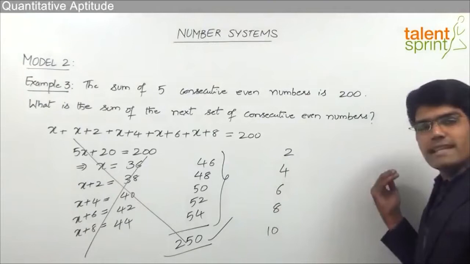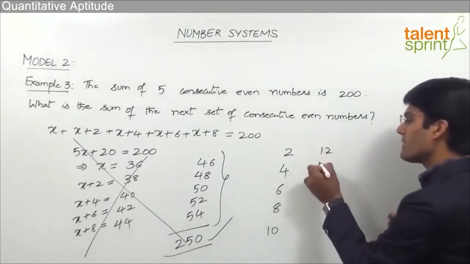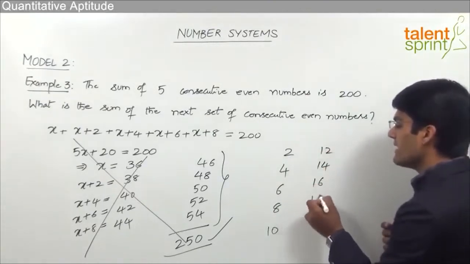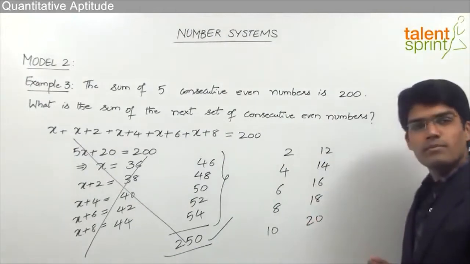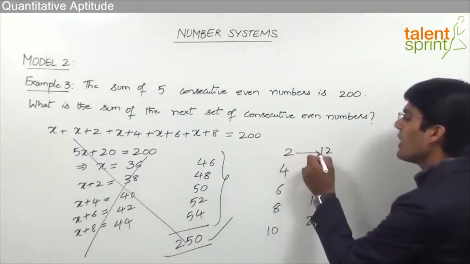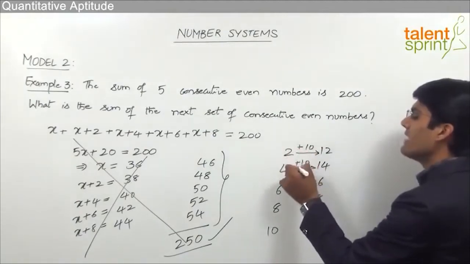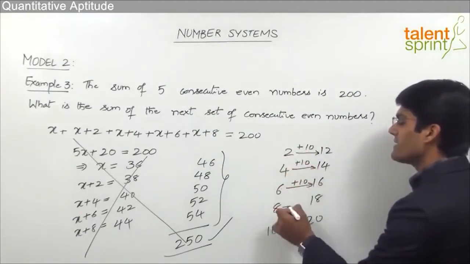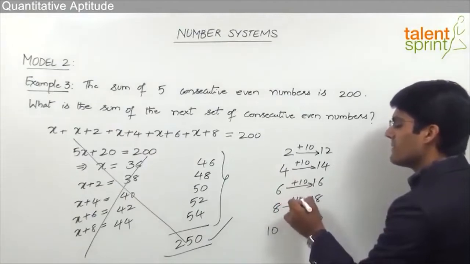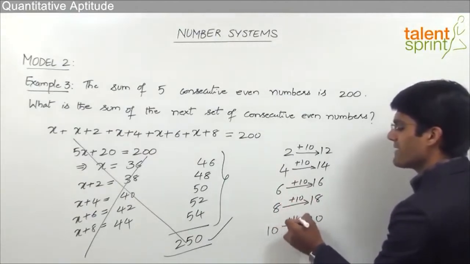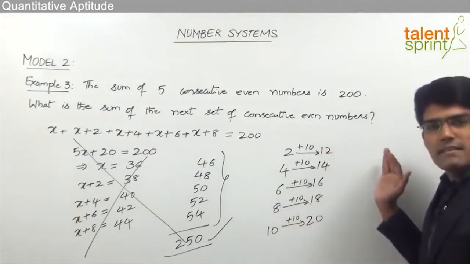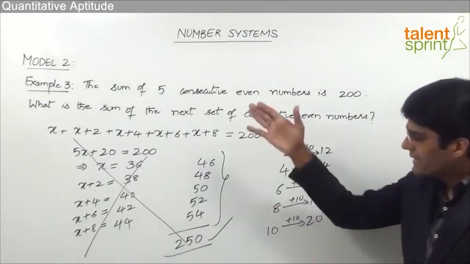So if we try to take the next 5 even numbers, we get 12, 14, 16, 18 and 20. Now if we observe 2 and 12, the difference is 10, 4 and 14, the difference is 10, 6 and 16 again, the difference is 10, 8 and 18, the difference is 10, and 10 and 20, the difference is 10.